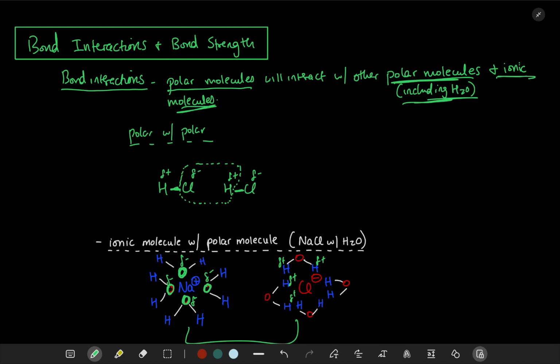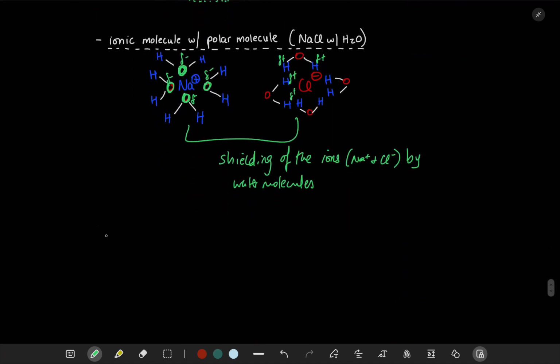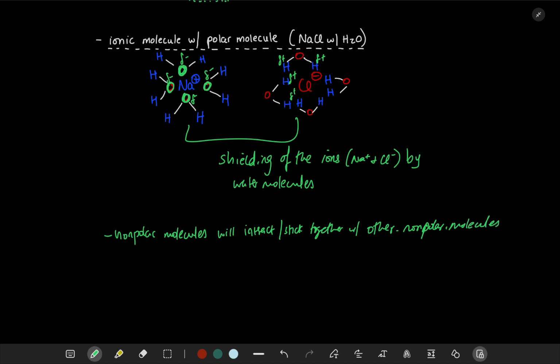We talked a little bit about it before. So non-polar molecules tend to stick together with other nonpolar molecules, especially in the presence of water. So nonpolar molecules will interact and stick together with other nonpolar molecules, right?